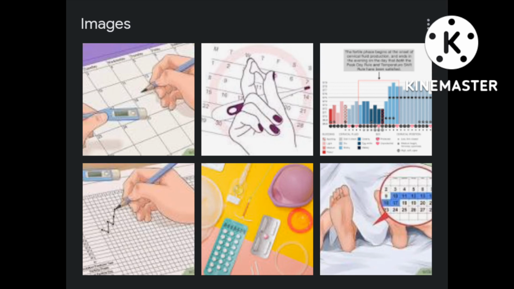So the side effects of symptothermal methods are like those of the artificial methods. So, as you can see, these are the example of the symptothermal method.